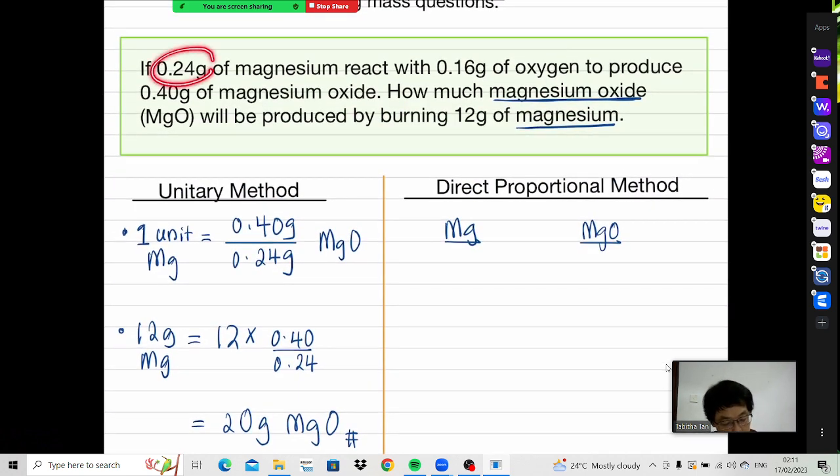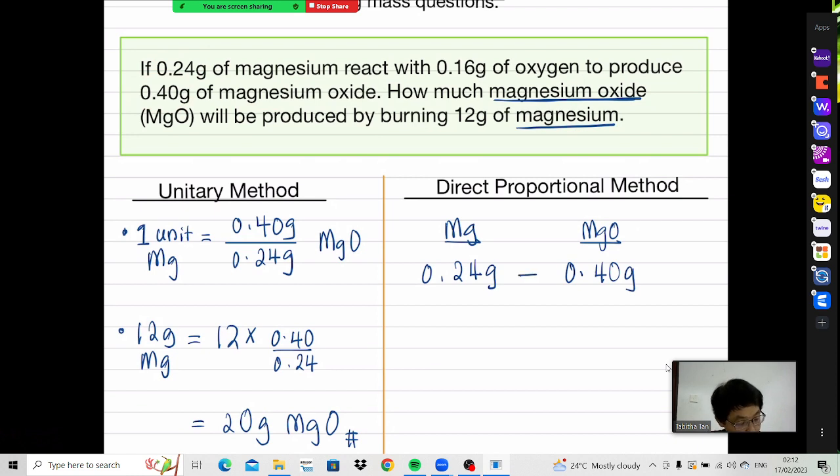Just arrange this. 0.24 for magnesium, you just put it down here. 0.24 is magnesium, and then this amount of magnesium produces how much magnesium oxide? 0.40 gram. Take that, put it in its relevant place.